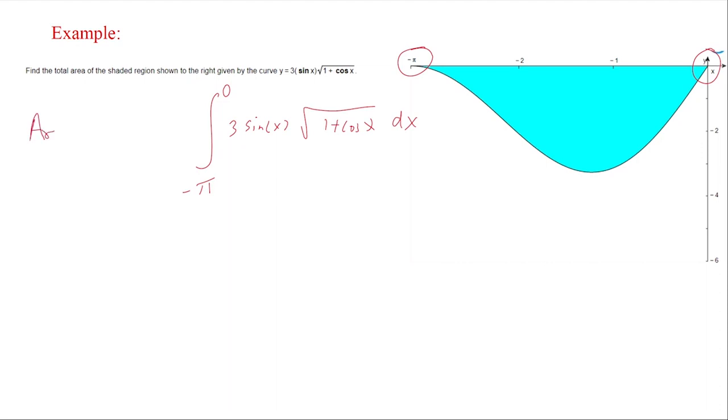So the area will be actually the absolute value of this integration. Absolute value means if it's negative, make it positive. So our goal is to find the integration of this part, which we can do by using the substitution method.